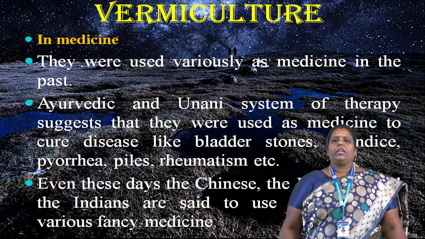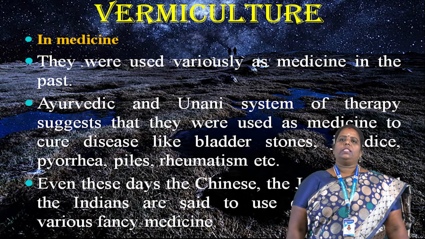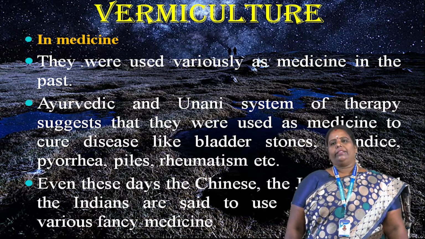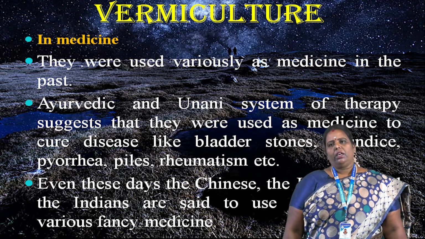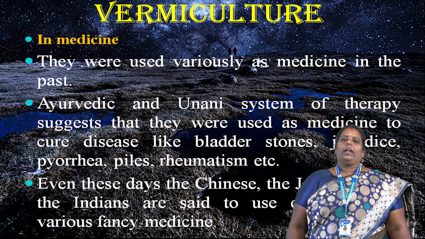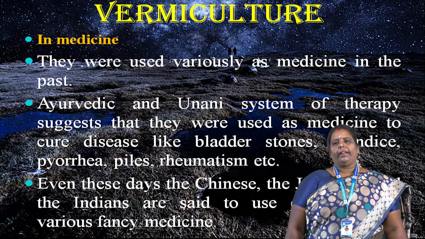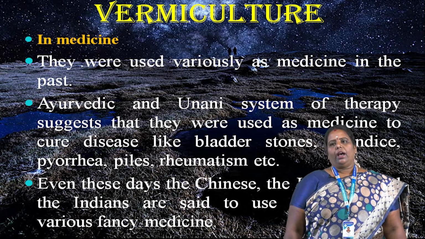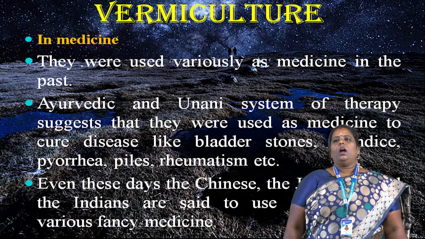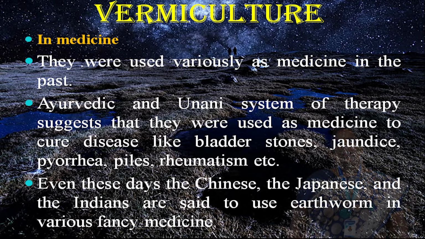Next, earthworms are also used for medicinal purposes; they were used variously as medicine in the past. In Ayurvedic and Unani systems of medicine, some therapeutic uses suggest medicinal value for bladder stones, kidney stones, jaundice, pyorrhea, piles and rheumatism. Pyorrhea is a disease affecting our teeth, and rheumatism affects the nerves. Earthworms are used in preparing medicines for these diseases.